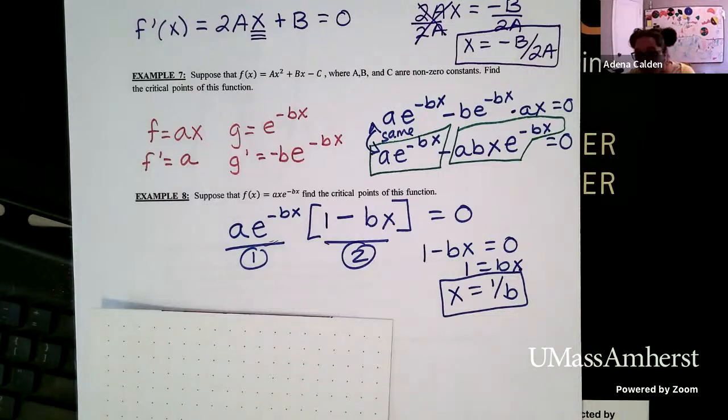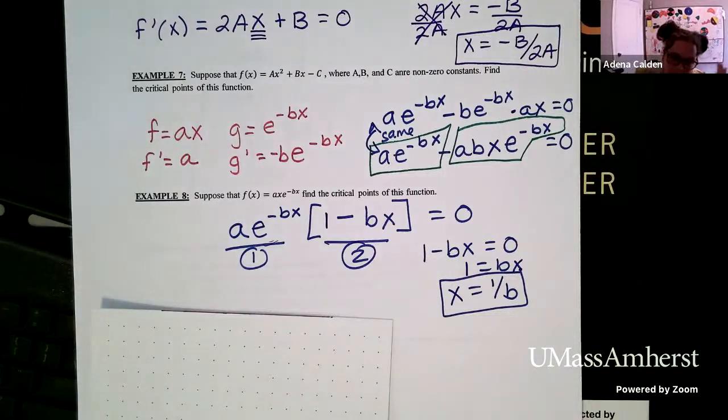Okay, so now that we've done those types of critical point problems, the question becomes, once we have our critical points, how do we know if they are local maxes or local mins, or neither? Because sometimes we have what are called tricky critical points, which end up being neither.